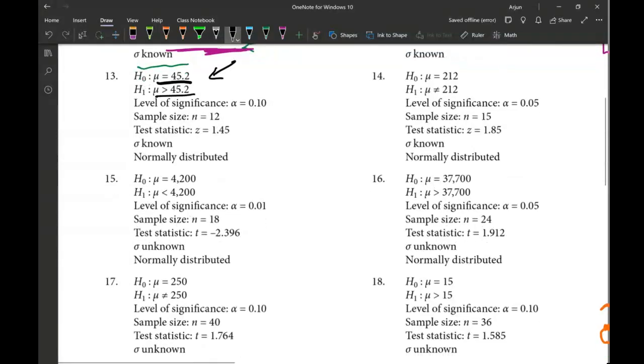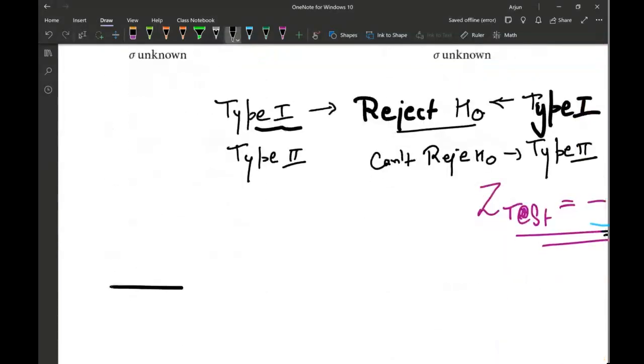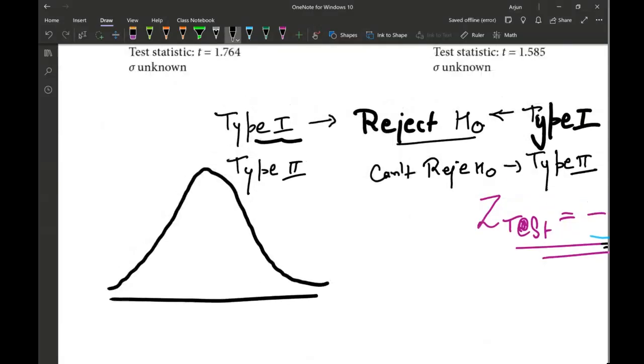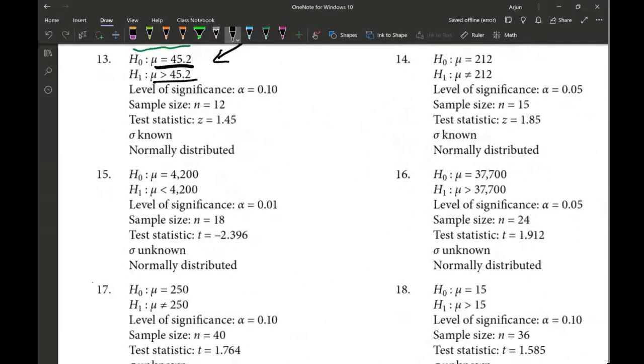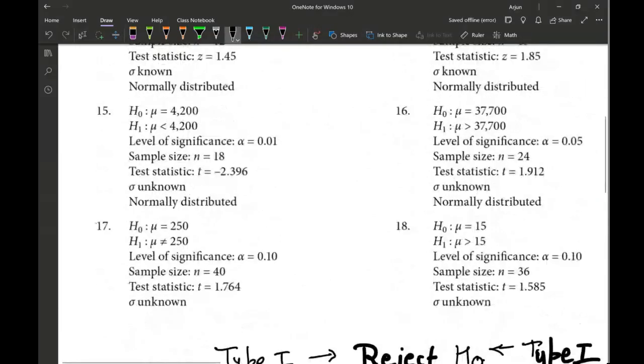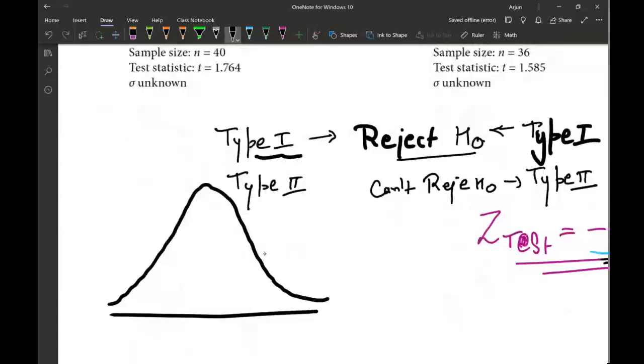Okay, now welcome back, guys. So this is what: mean value is equal to 45.2, mean value is greater than 45.2. So greater than means it is a right tail.